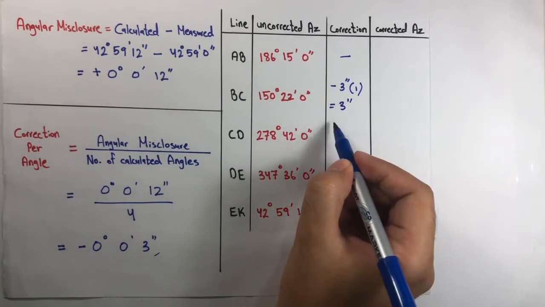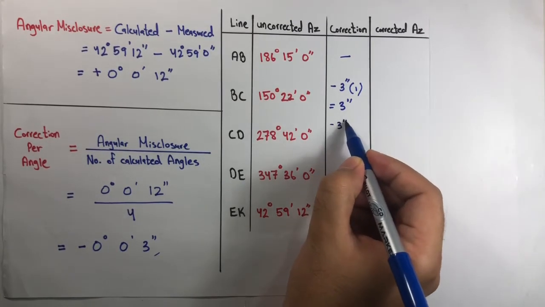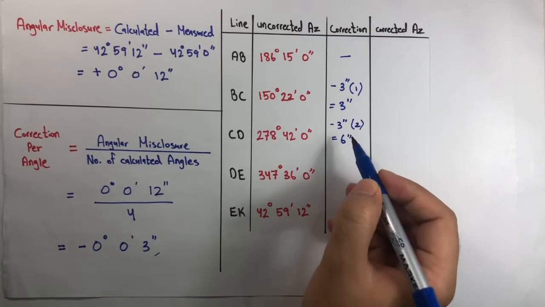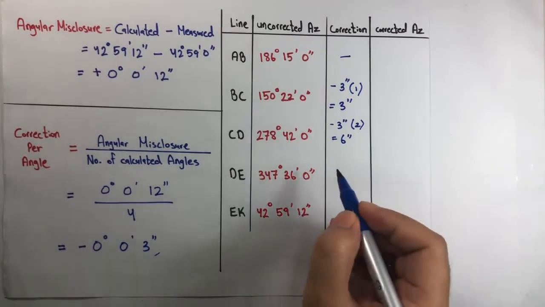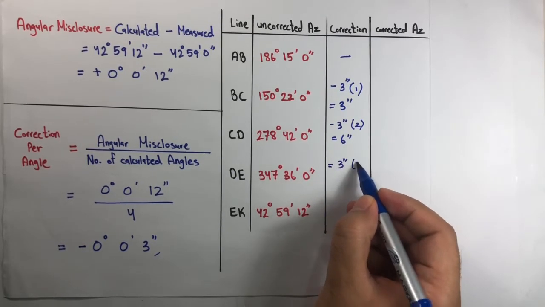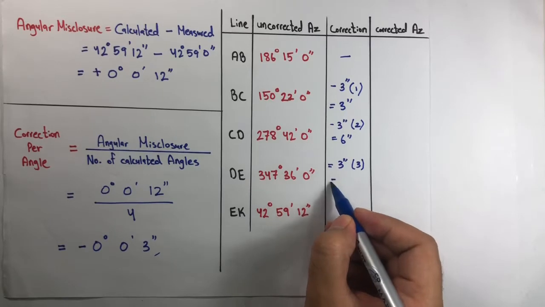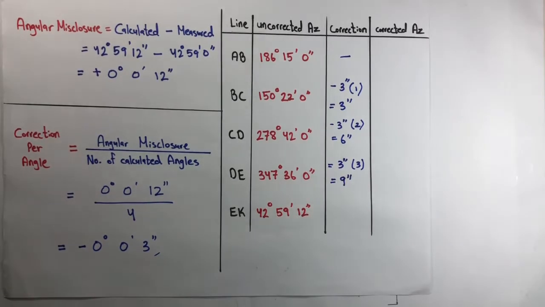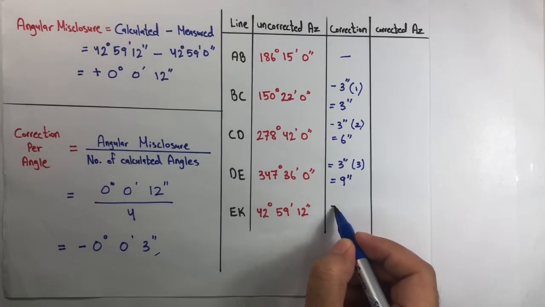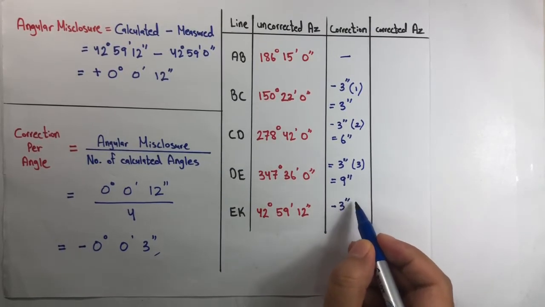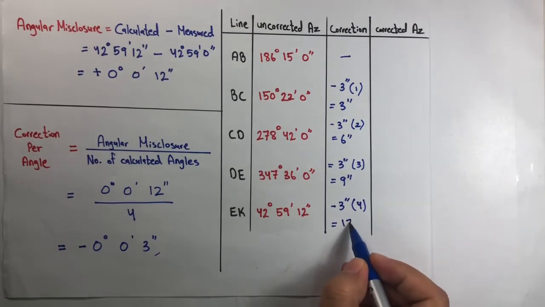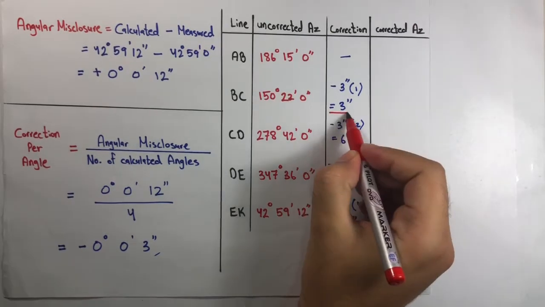For line CD, this time I'm going to deduct 3 seconds times 2, which is equal to 6 seconds. In the third line, I'm going to deduct 3 seconds multiplied by 3, which is going to give me 9 seconds. And in the last one, EK, I have to deduct 3 seconds times 4, which will give me 12 seconds.